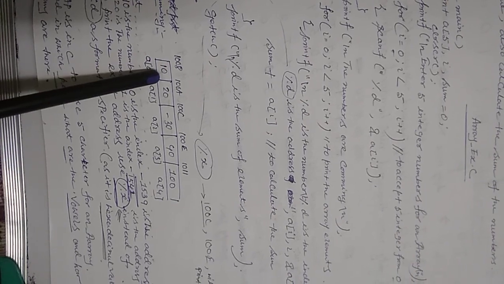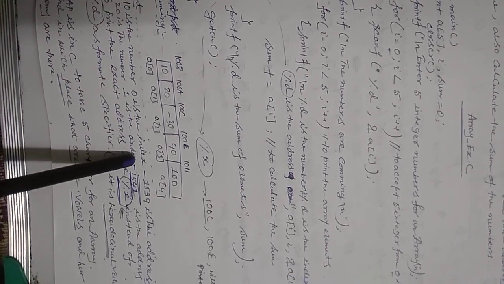If starting from 100, we assume that 1008 is the address location and 10 is the number over there, &a[0] is the address, a[0] is the element, then 10 is the number, 0 is the index, and it may print like that.